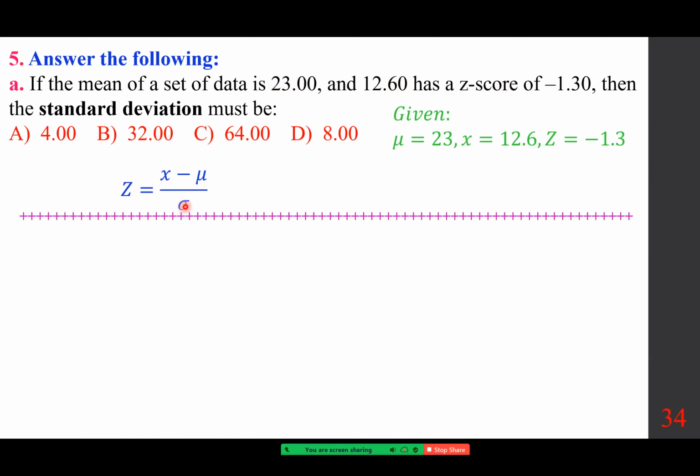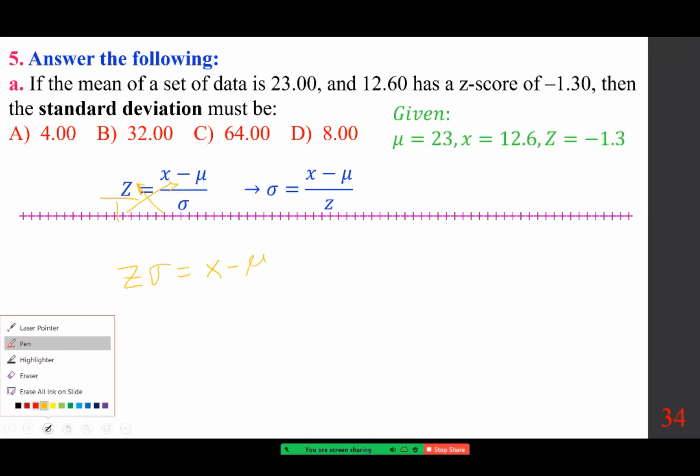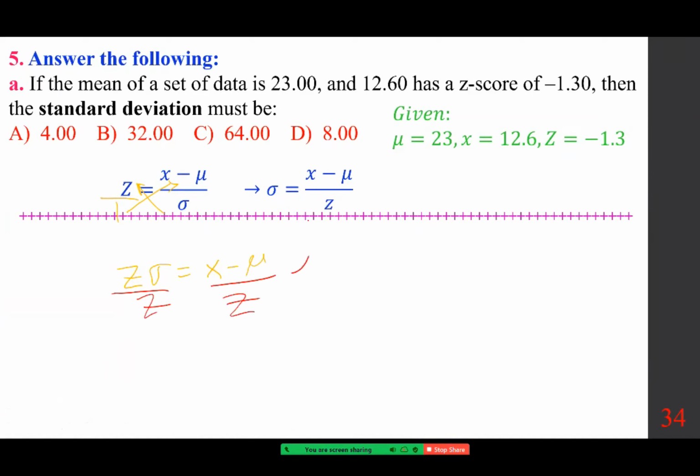I hope you know that if you do the cross product and then solve for sigma, you can get that. I can quickly show you, but this is a basic elementary algebra question. If you do the cross product, z times sigma is 1 times x minus mu. And now if I divide both sides by z, I get to this formula.